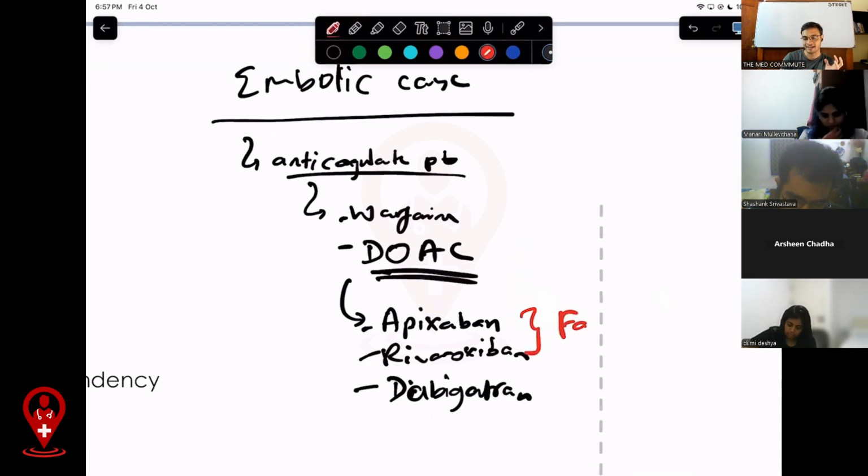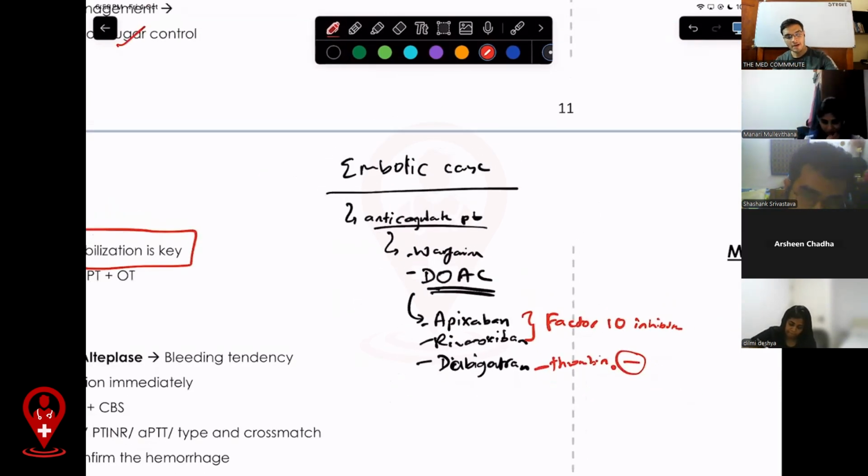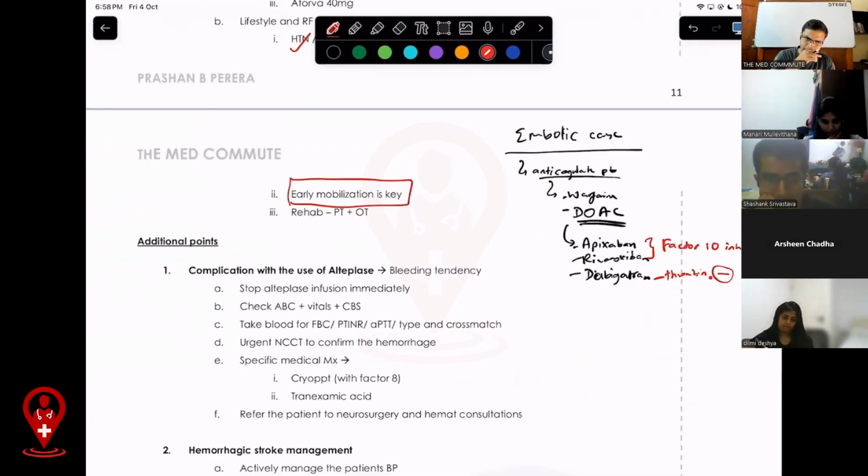Seniors, what are these? These are factor 10 inhibitors, right? Dabigatran is what? This is a thrombin inhibitor. Okay. So these are our main management options.